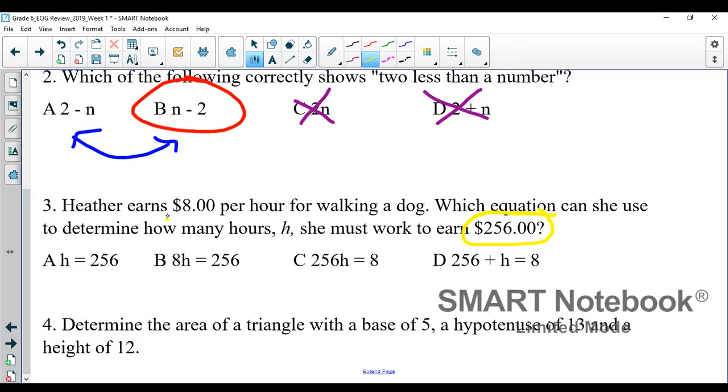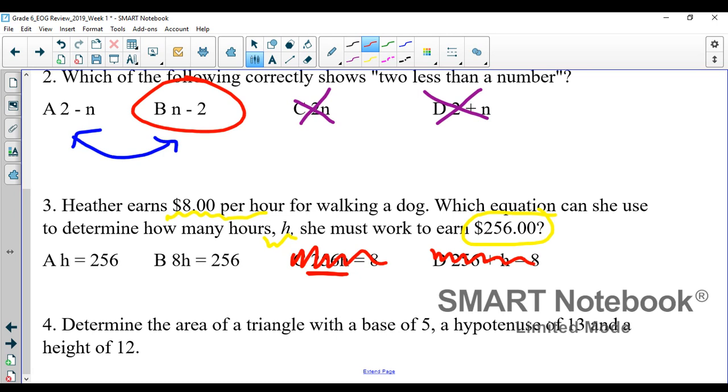We also know she earns $8 per hour, and we don't know how many hours. So starting with the total can be really helpful here because in answer choice D, it's not showing 256 as the total. In answer choice C, it's not showing 256 as the total. This is saying 256 times the number of hours she works, which doesn't make any sense.